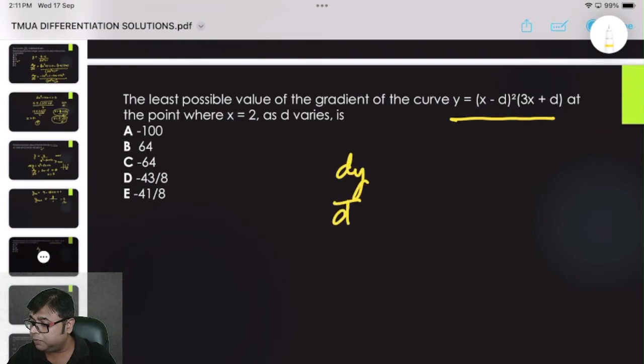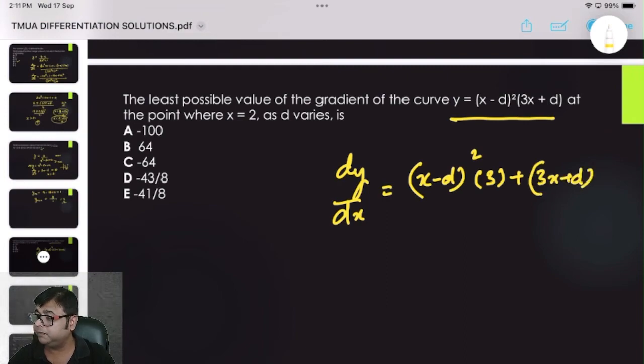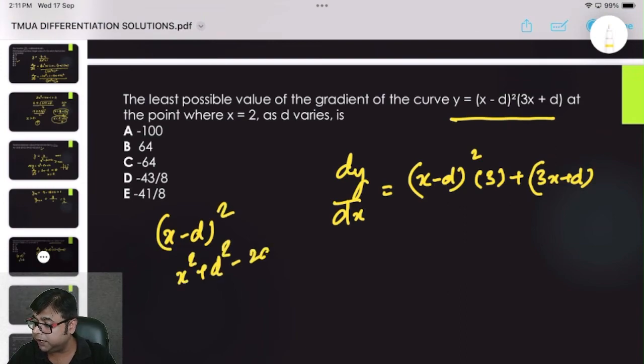And if I apply the quotient rule, I'll get (x minus d) square into 3 plus first as it is, derivative of the second, and then second as it is, derivative of the first. If I expand (x minus d) whole square, I will be getting x square plus d square minus 2dx. So the derivative of this will be 2x minus 2d.